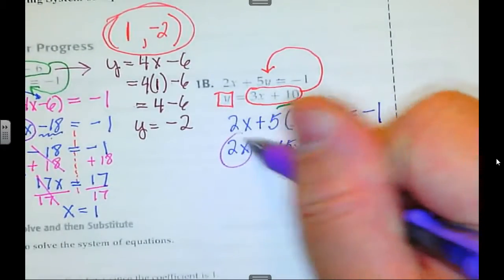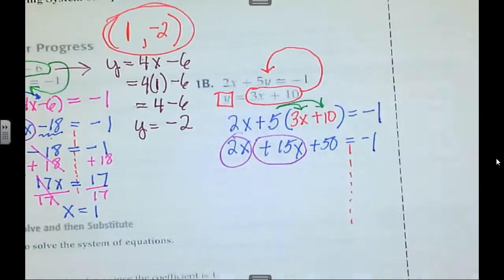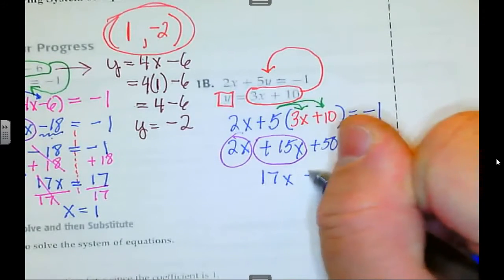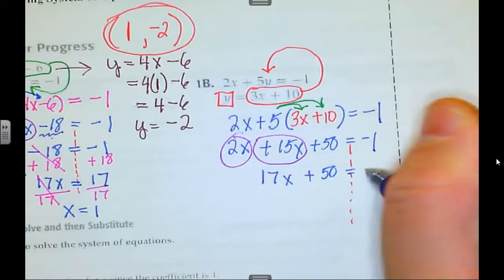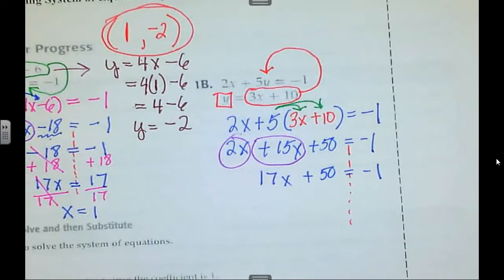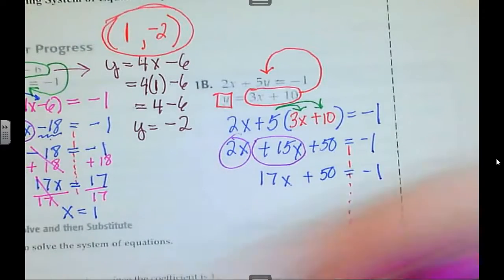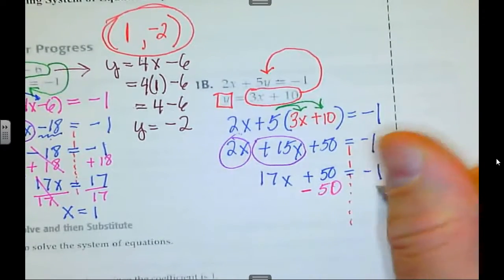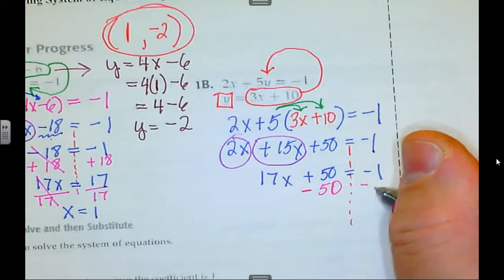So I have 2x and a plus 15x. 17x, good. Subtract 50. I get negative 51.